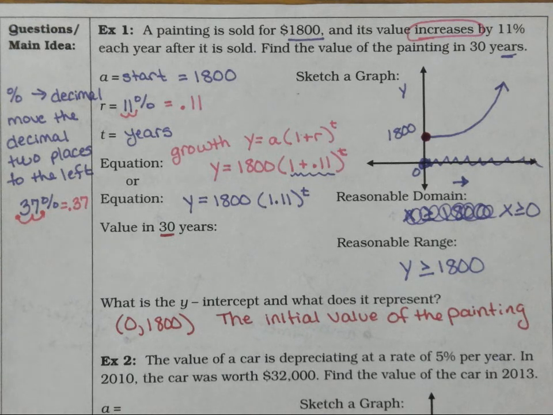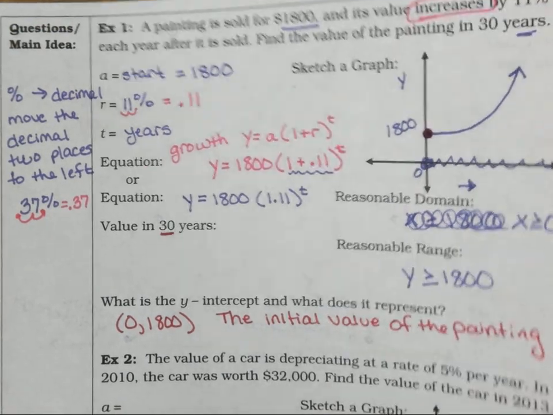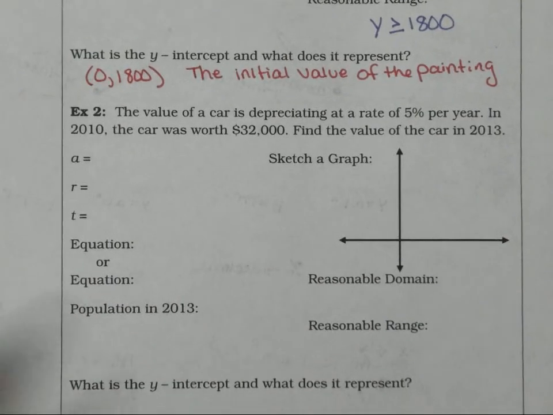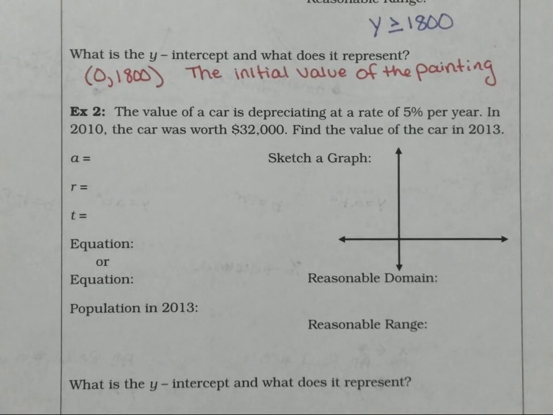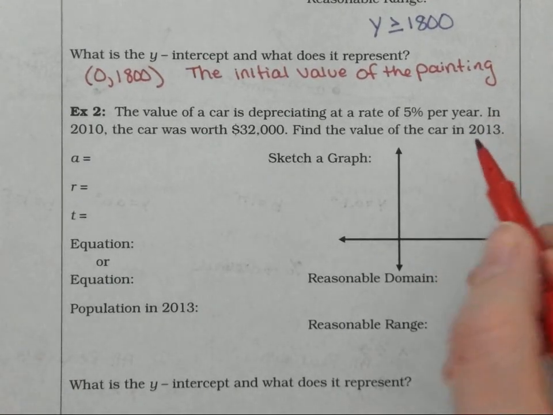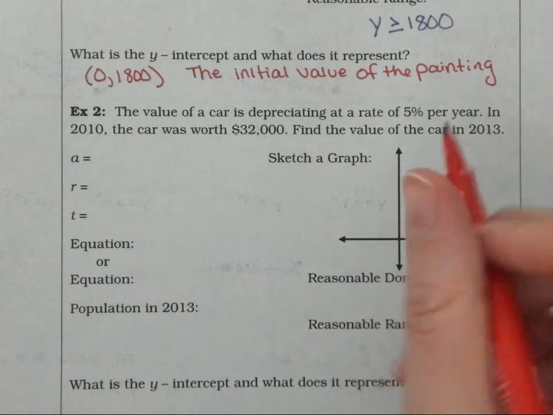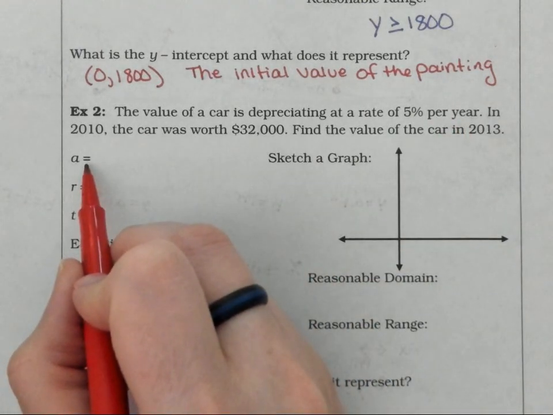Okay, we're going to skip that part for right now, and we're just going to go down to the second problem. So example 2, the value of a car is depreciating at a rate of 5% per year. In 2010, the car was worth $32,000. Find the value of the car in 2013. So I just want to focus on, can we write this equation? And so A is your initial value.